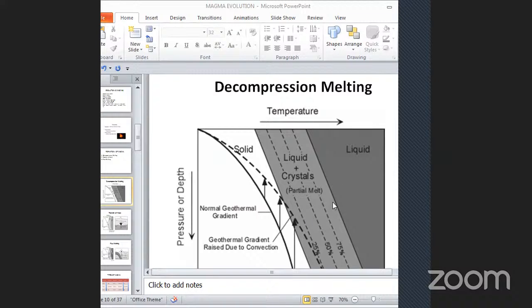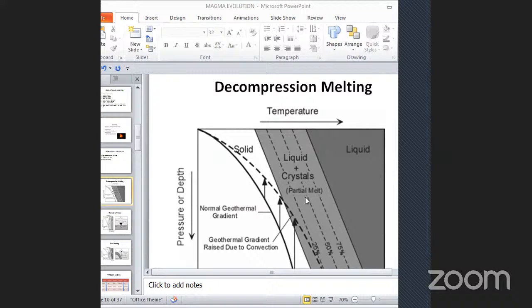Where in hot mantle, that material rises to lower pressure, or lower depth. So it is carrying its heat with it, right? If the raised geothermal gradient becomes higher than the initial melting temperature at any pressure, then a partial melt will be formed.